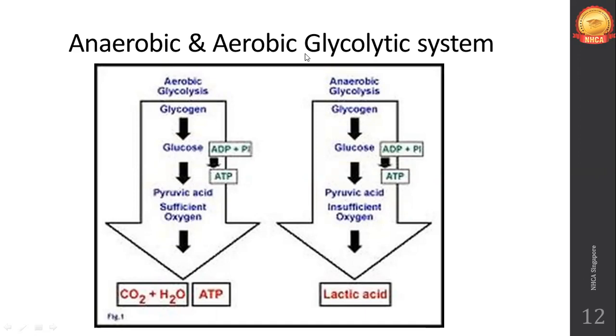Is it aerobic or anaerobic? Just look at the two flow charts given in this image, one for aerobic glycolysis and one for anaerobic glycolysis. Which form of glycolysis will your body take up?